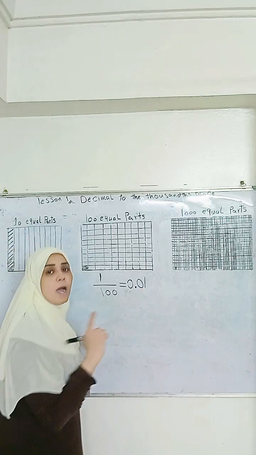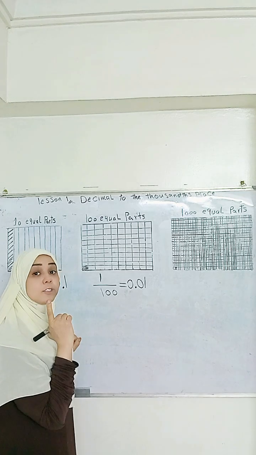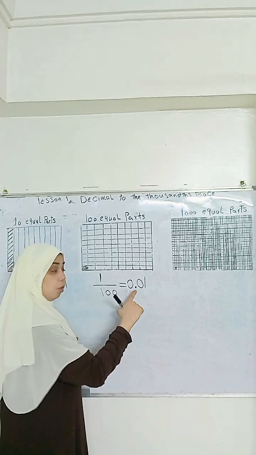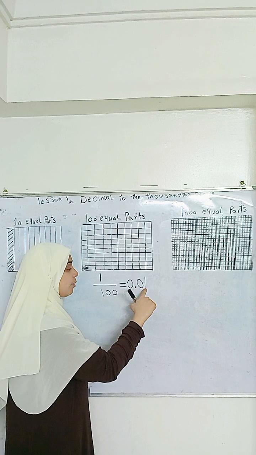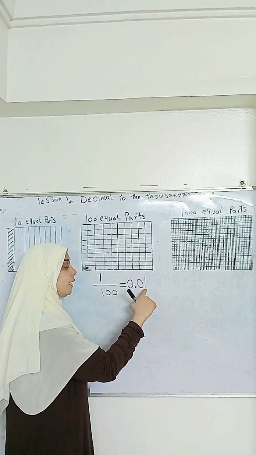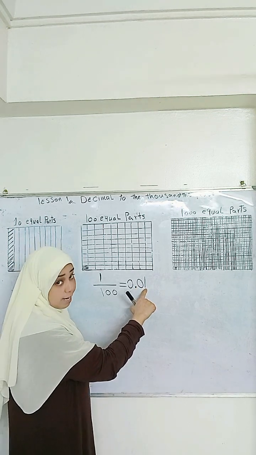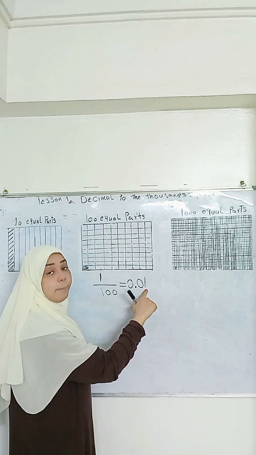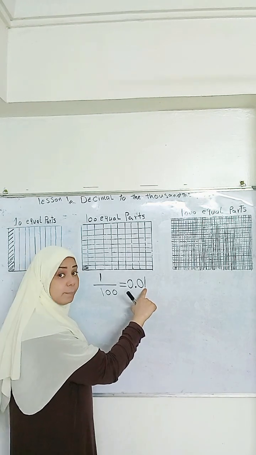Look at me. Concentrate. So the second house after the point is the hundredths place.